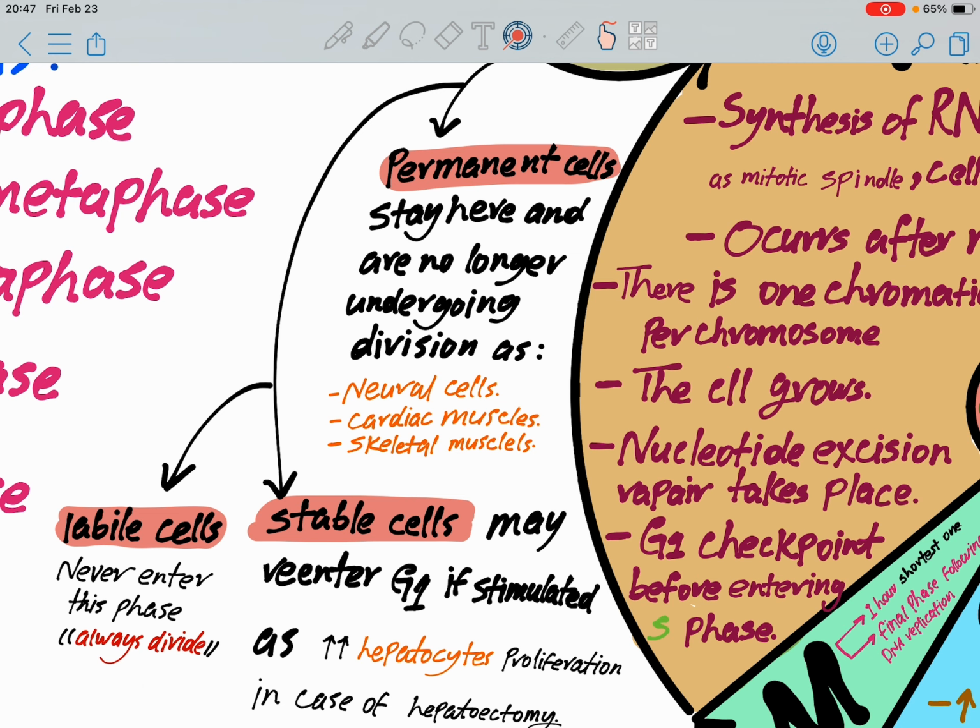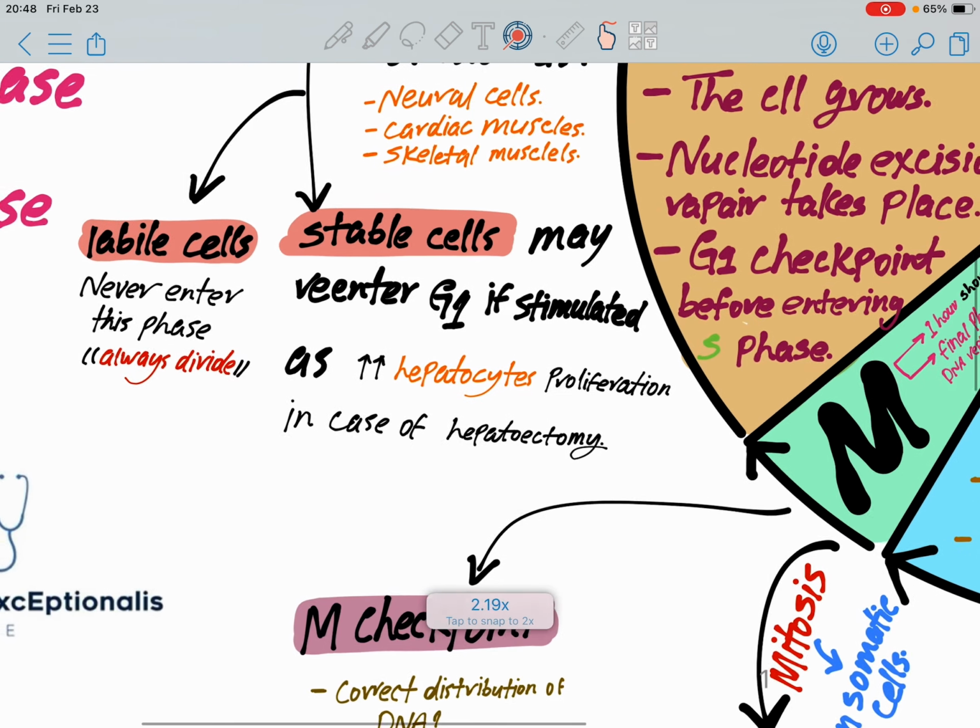They have a specific function and they are differentiated, such as neural cells, cardiac muscles, skeletal muscles. And unfortunately, if you have any damage or injury to these cells, our body is gonna replace them with fibrosis because they cannot undergo division anymore.